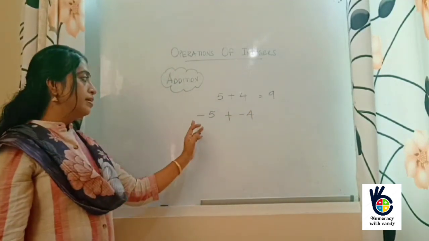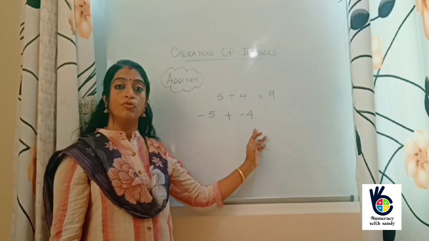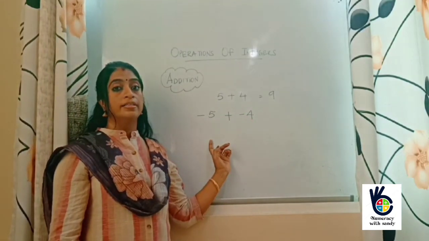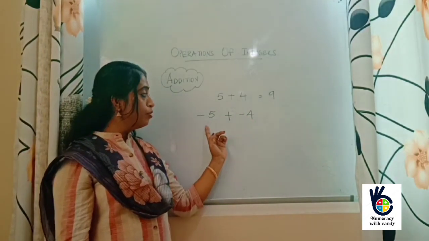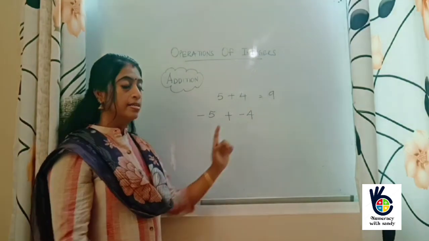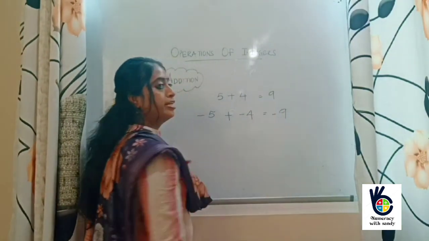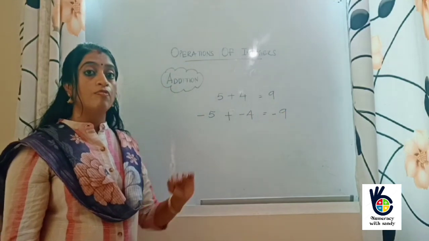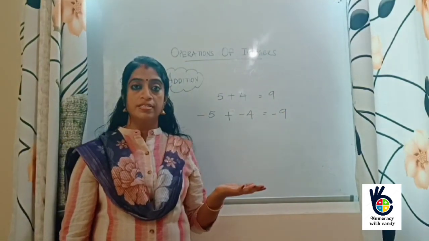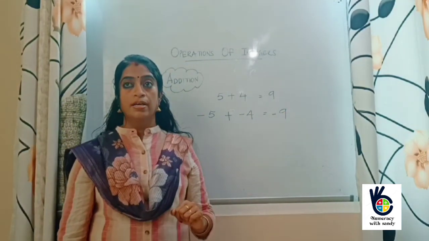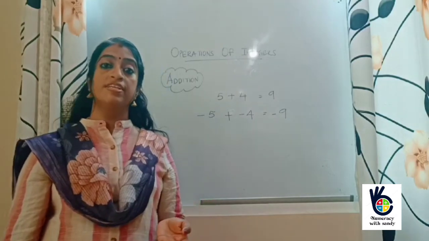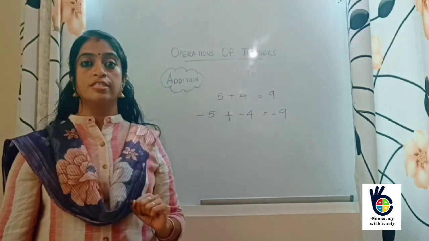That means negative 5 and negative 4 are added. Then we have to add the integers 5 plus 4, 9, but put the negative sign. So when we are adding two negative integers, the result is negative. When we are adding two positive integers, the result is positive.